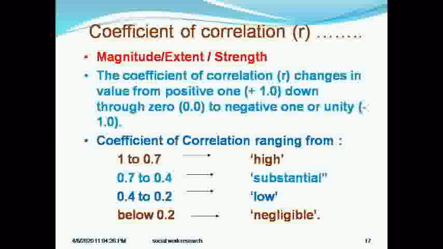For example, income and the crime rate. The higher the income, the lower the crime rate. The lower the income, the higher the crime rate. But this is just a hypothesis. It may not be true everywhere. I have mentioned this just as an example.